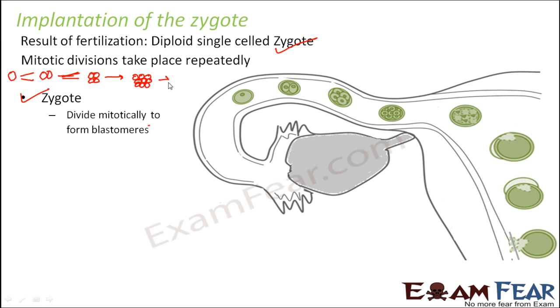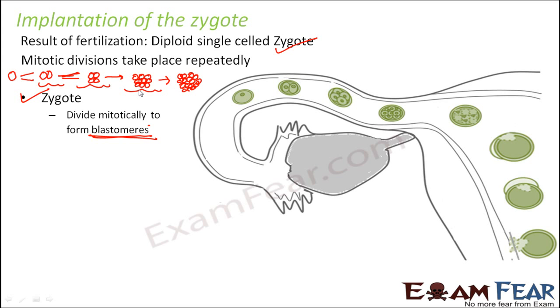This again further formed a 16-cell structure. So this is how repeated division started taking place, and these multi-cell structures are known as blastomeres. Blastomeres is the name given to these multi-cell structures.